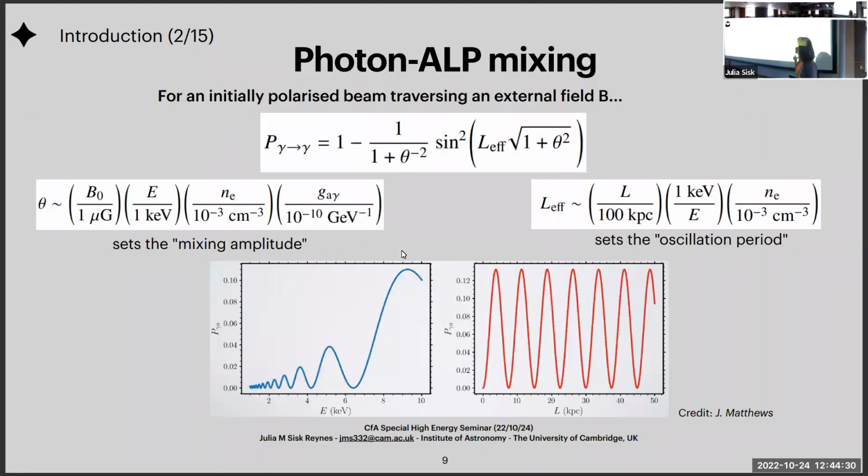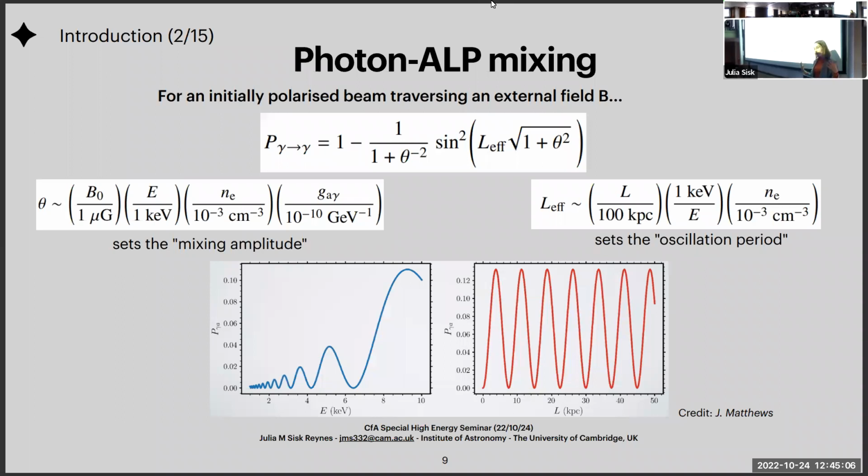And as you can see, if we are able to solve for this probability analytically, this is a very complicated process, and I've just assumed a suitable and simplified magnetic field configuration here. But what we can see is that this mixing probability for a given set of axion parameters is an energy dependent function. And this function also varies with the distance traveled by this photon beam before it mixes into an axion.